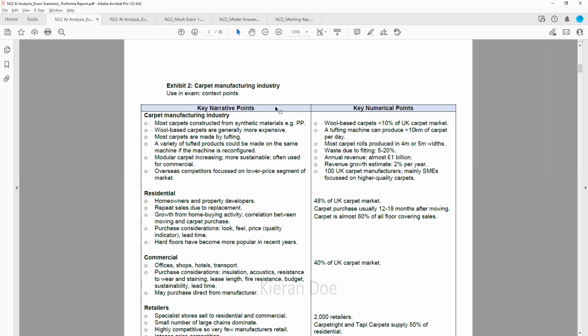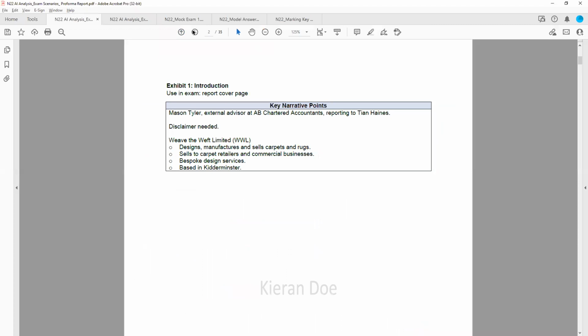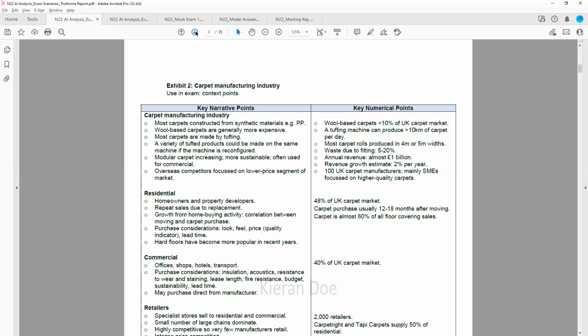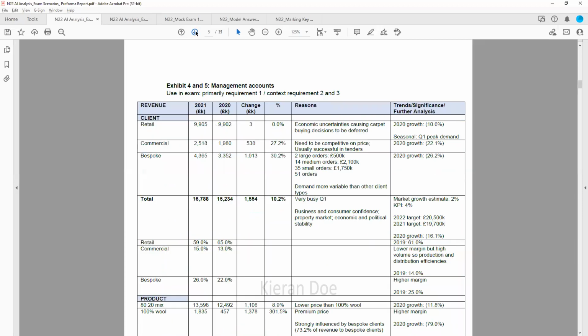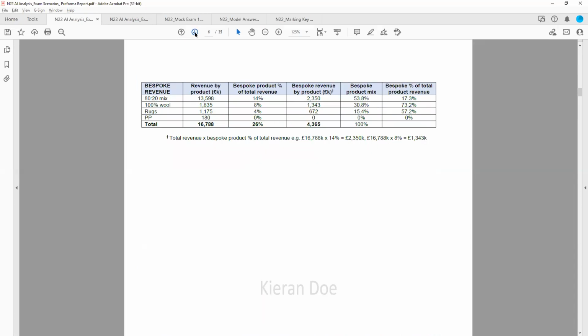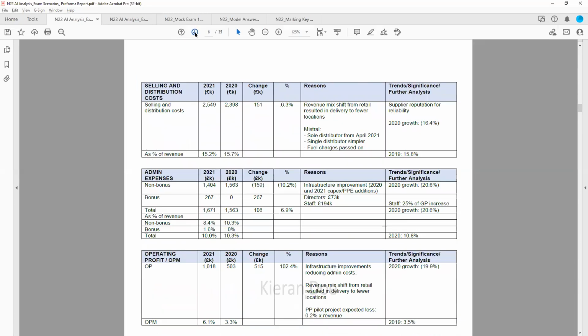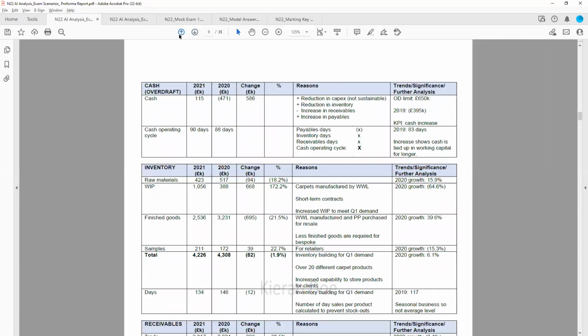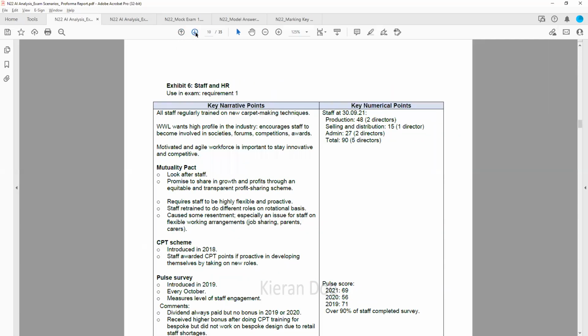And if you are using our video course or you are on our live course, then you'll also have access to our AI summary document, which takes each exhibit and summarizes the key points that you need to be aware of. So both the narrative points and the numerical points, analyzes all of the financial information. So you've got all of the key numbers for the prior year already calculated. So this is all laid out in a really exam focused way, ready for you to use before the exam.